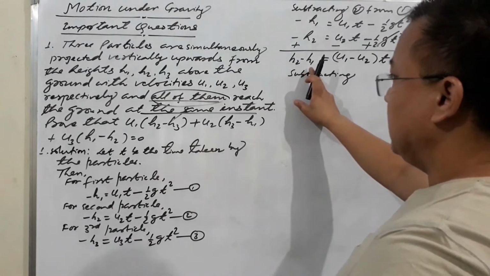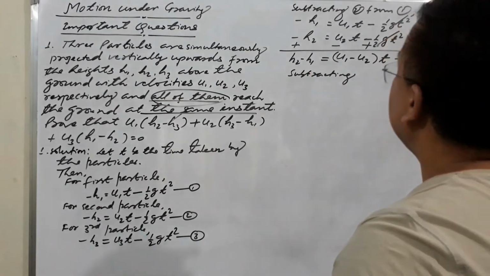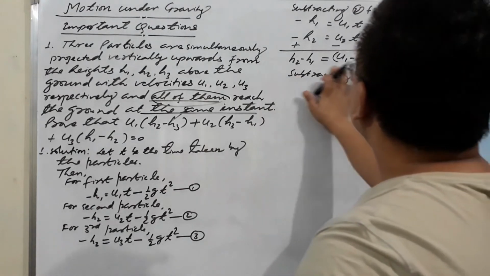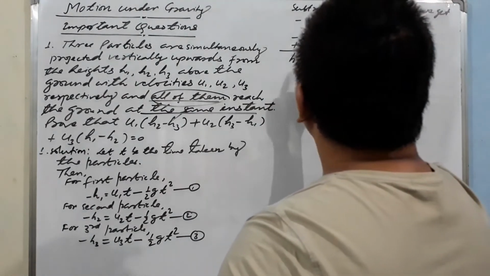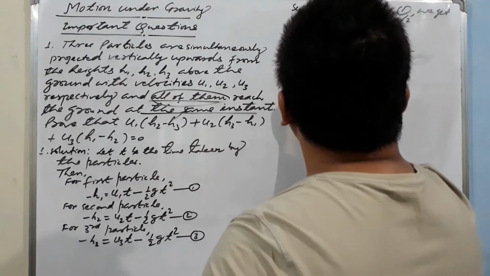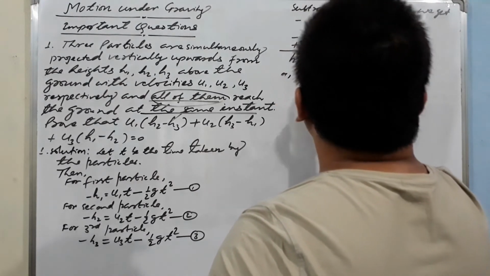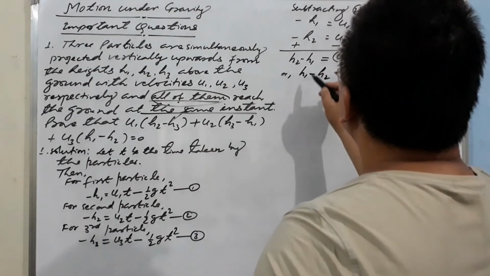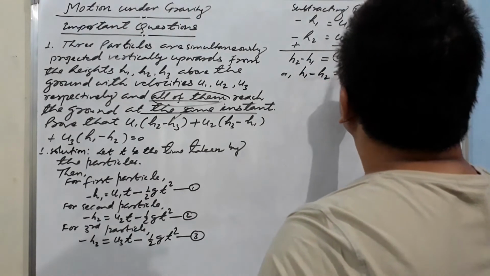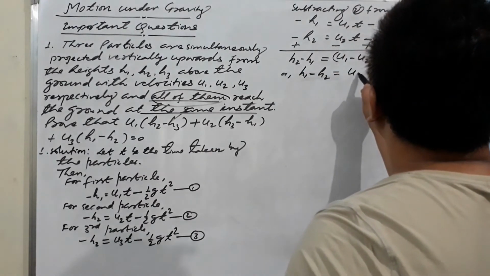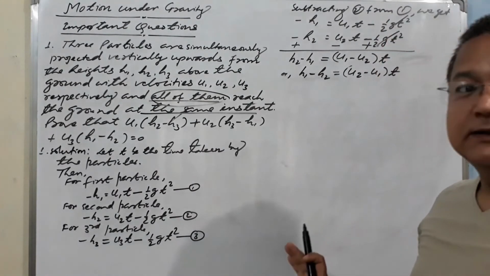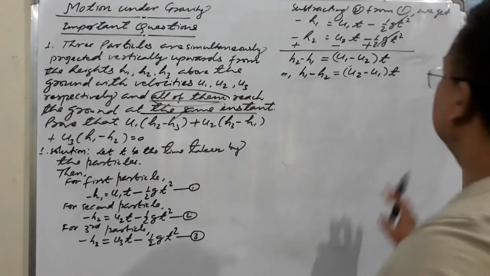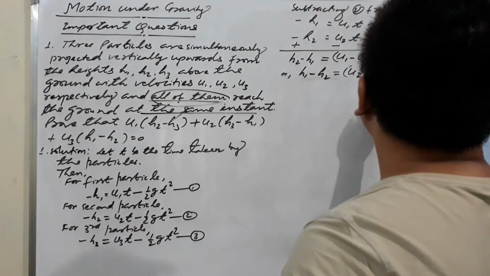Actually I need h1 minus h2, so let's change the sign, and you will get u2 minus u1 times t. No problem.